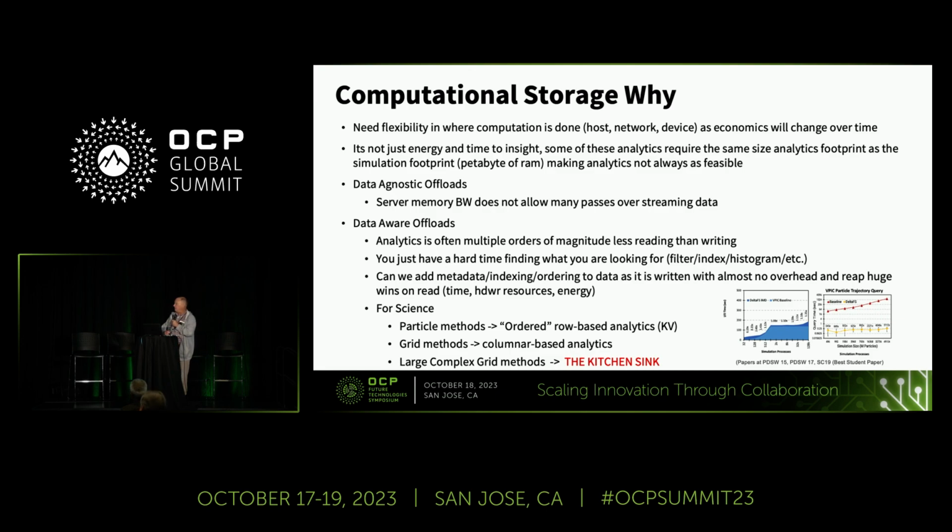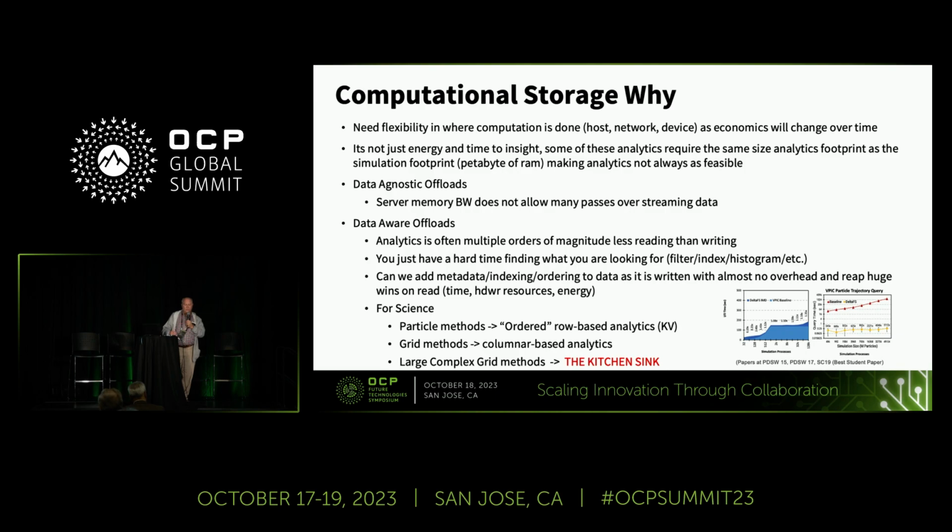So we think of computational storage in two ways. One is what we call data agnostic offloads, which are offloads that have nothing to do with understanding what's in the data. So think compression, erasure encoding, and things like that. And then data-aware offloads, which are offloads that understand what the data is. So think reductions and things that understand what's in the data itself.